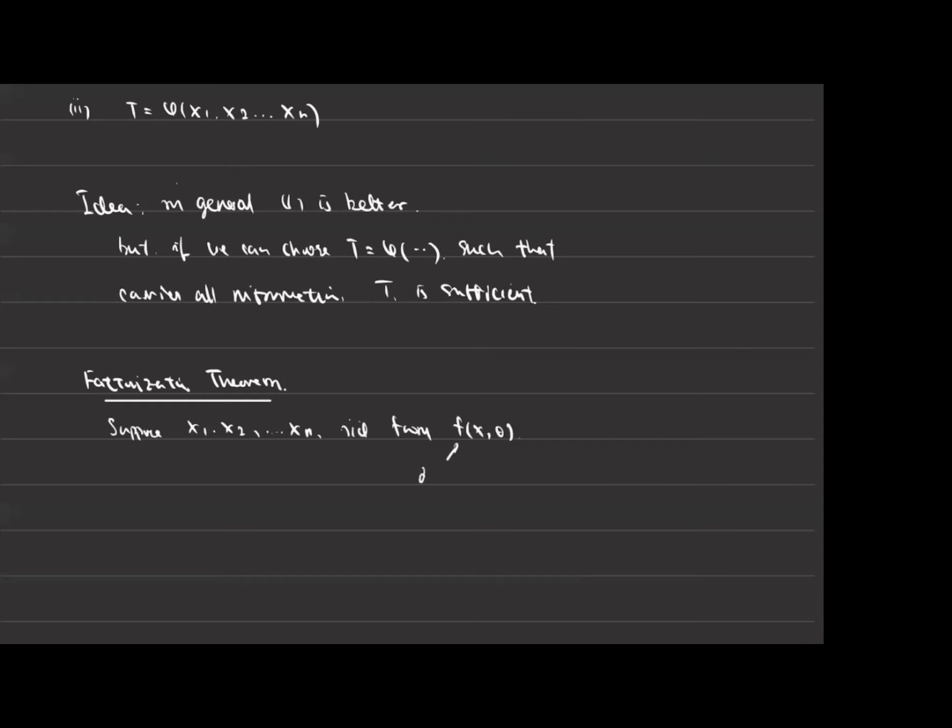This X you can consider as your data, and this theta is going to be your parameters. You observe X, so you probably won't know what this distribution is. Technically speaking, this theta is unknown.